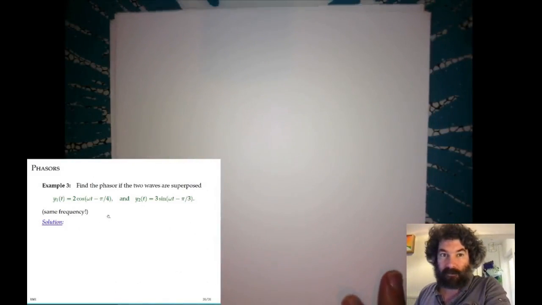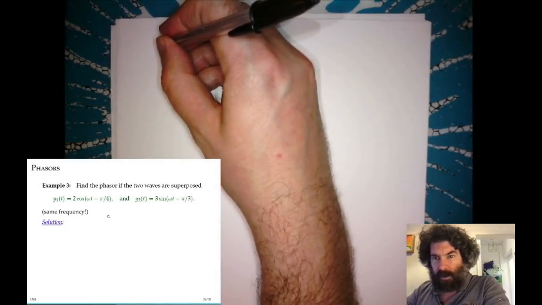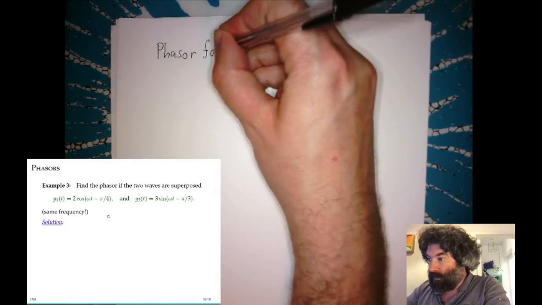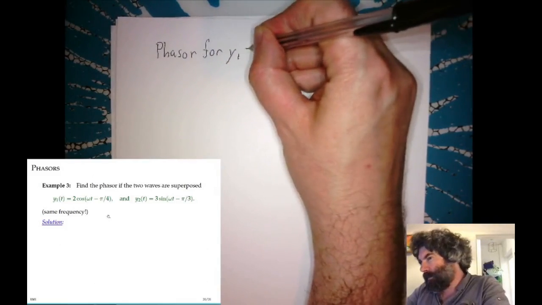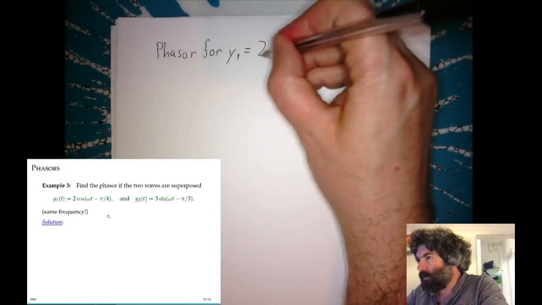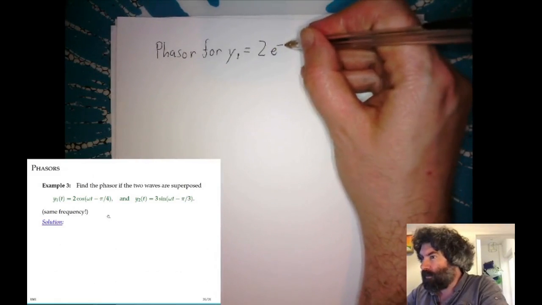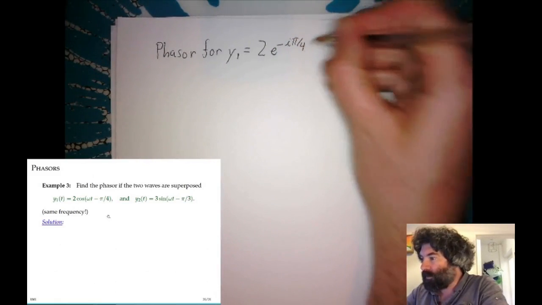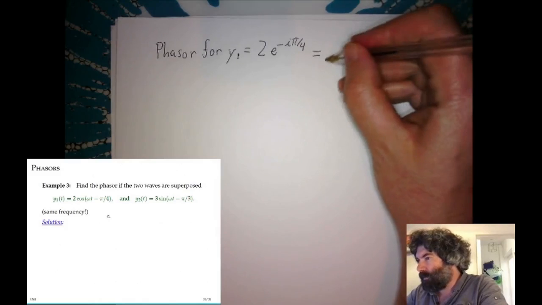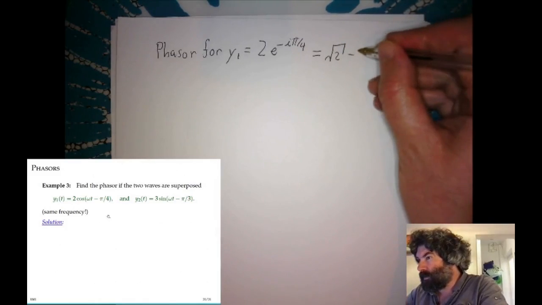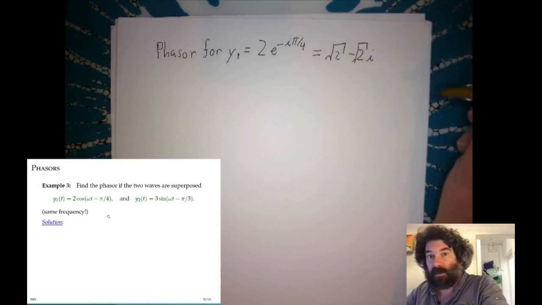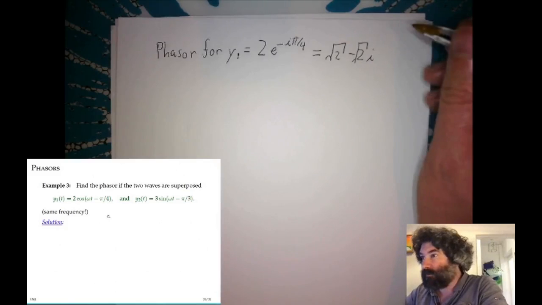All right, so let's remember the phasor for y1 was 2 e to the negative i pi over 4 in exponential form, or square root of 2 minus square root of 2 i in the real and imaginary part form.